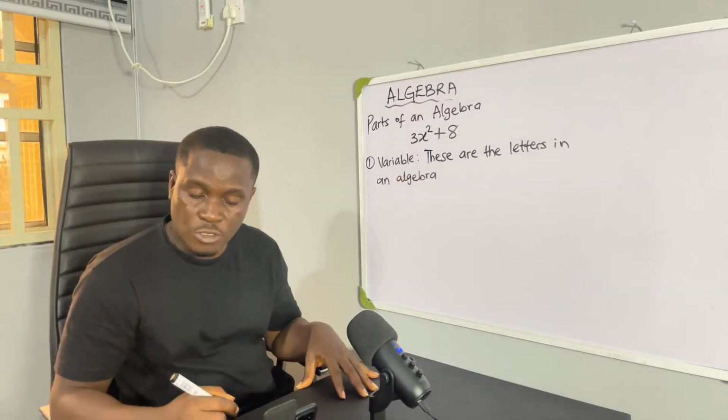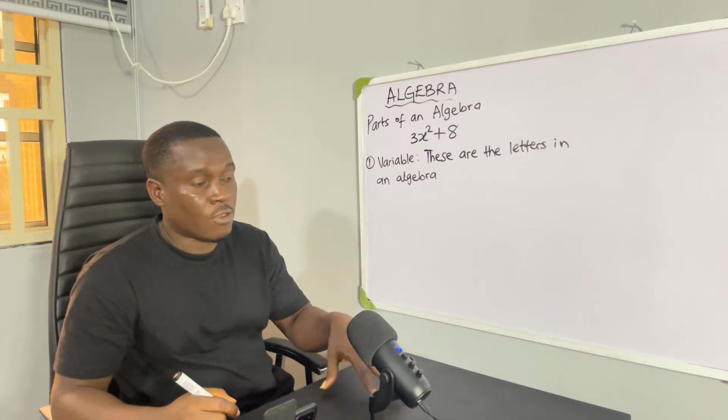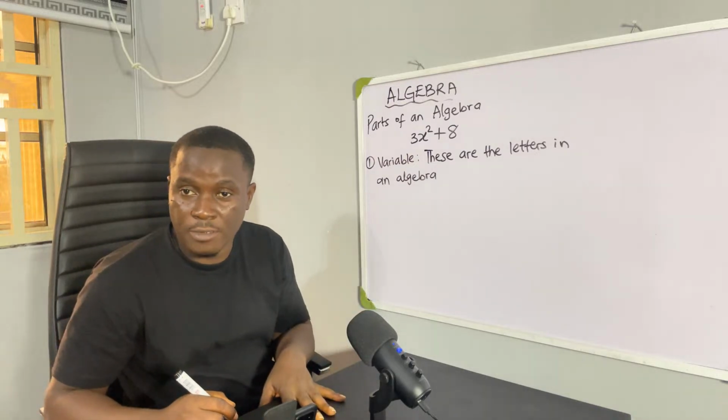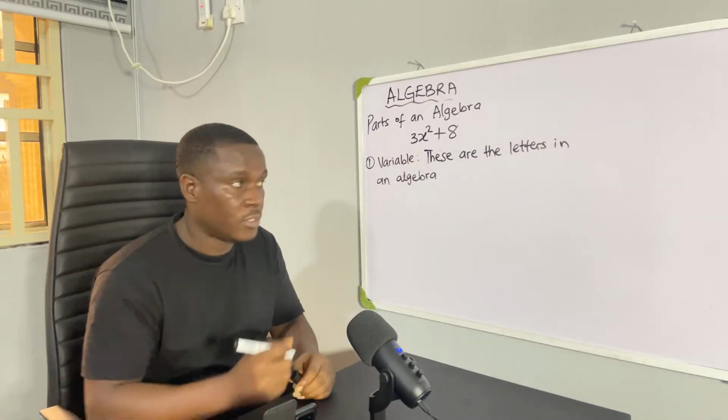Whenever you see an algebra, the letters in the algebra are called the variables. So in this particular example, what is the variable here? X. X is the variable.